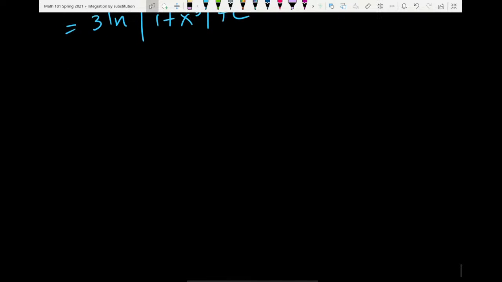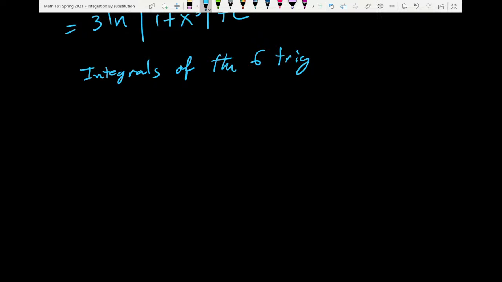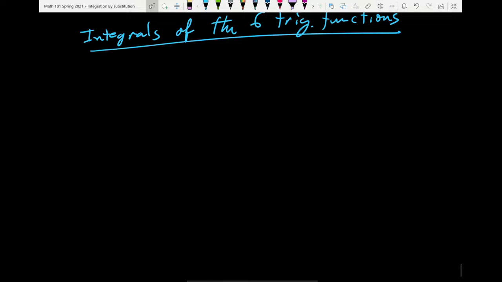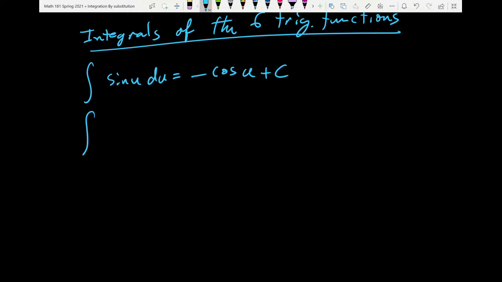Now, let me give you some trig formulas of the 6 trig functions. We already know the integral of sine of u du is negative cosine of u plus c.